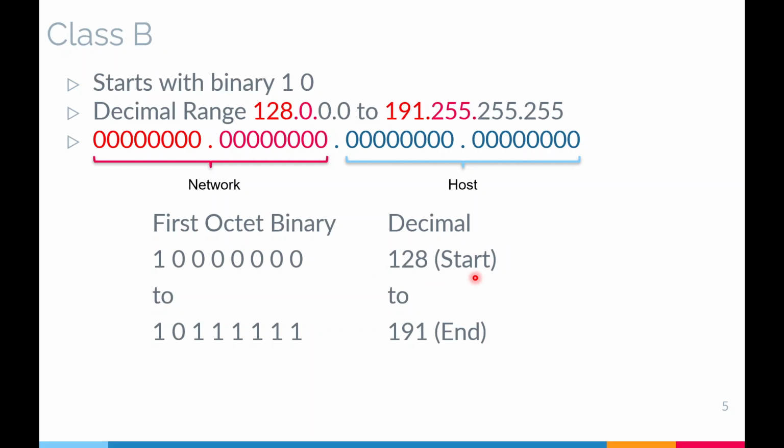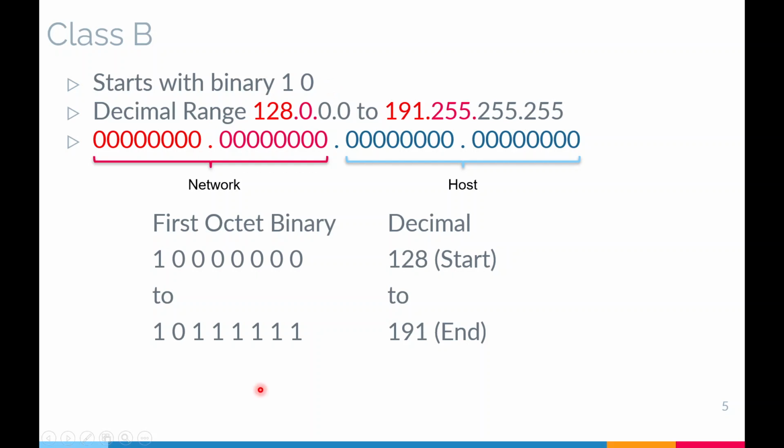Here there is no reserved address as such. There is a special set of addresses in each of these classes, but it doesn't have any reserved IP address the way it was in class A. And this is the maximum value for the first octet, which is all ones for the remaining 6 bits, and it turns out to be 191. So that's the start and end IP of the class B address.